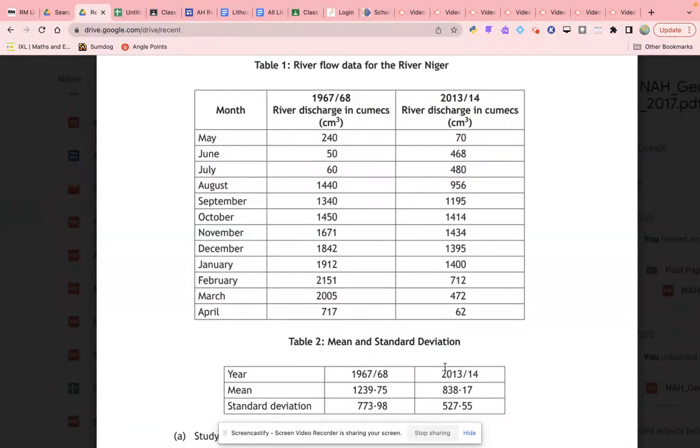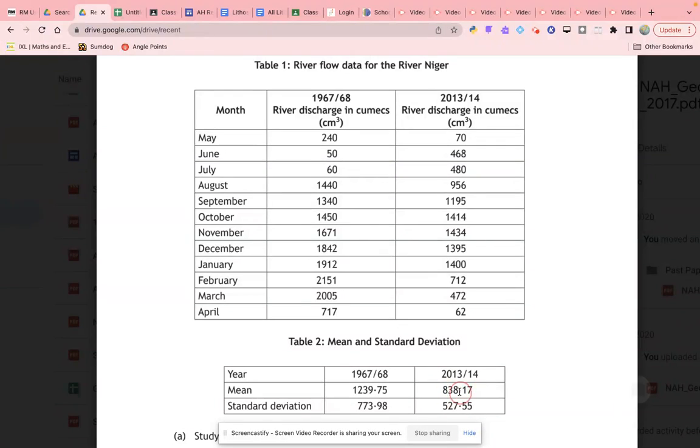Now, the first thing we can do is work out the mean discharge for that year. We can see that in 1967 to 68, the mean was 1,239 cumecs. We can see that the mean in 2013 was lower at 838 cumecs.